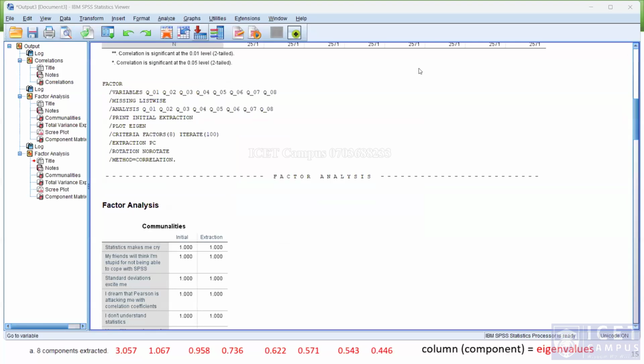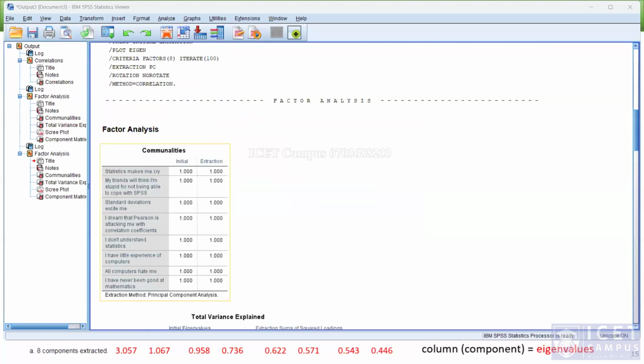Right. The first one is component loadings. Then correlation of each item with the principal component. Right. So then we'll try to take this one first. What is that? Component matrix. Component matrix is this one.